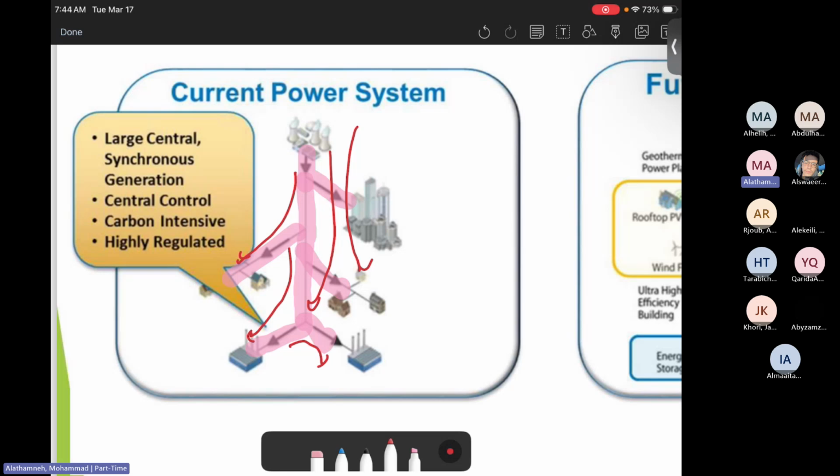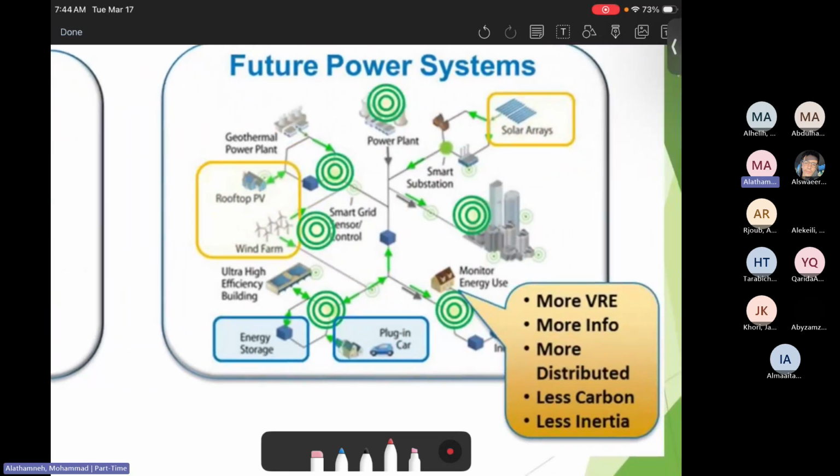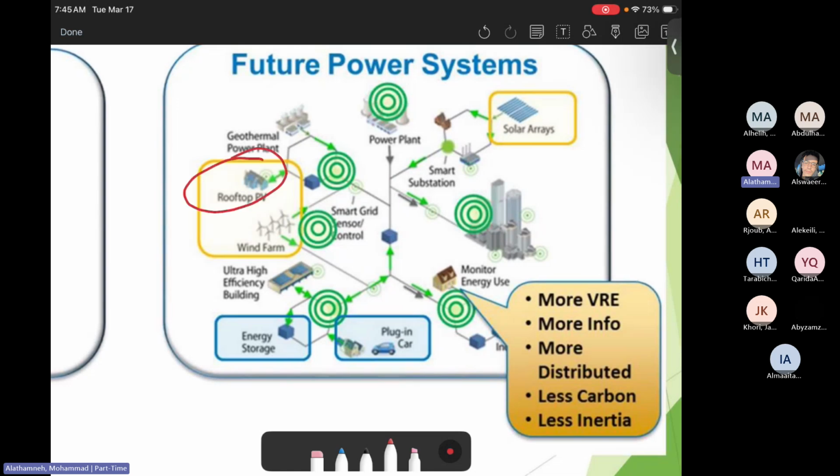The future, as we know, is renewable energy, so the customers start producing power. You as a customer start generating electricity by using photovoltaic panels, and there are solar farms and wind farms, which makes the power bidirectional, which means you as a customer sometimes can supply power, sometimes you can absorb power.